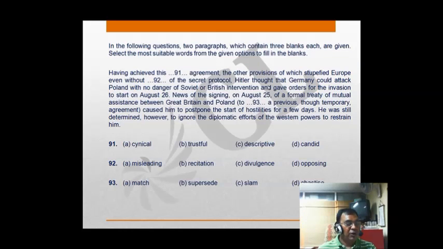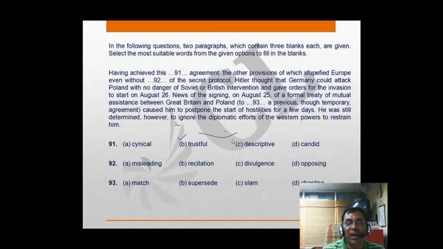Okay, now these are very simple questions. Having achieved this cynical agreement, I don't like to go for it. Okay, the other provision, so I'll go for descriptive. Achieve this trustful agreement is a good choice, because trustful or descriptive agreement.